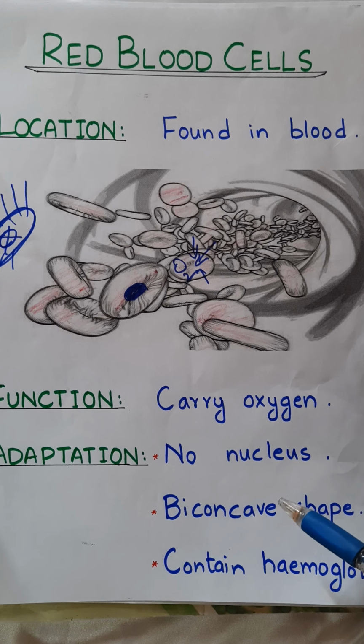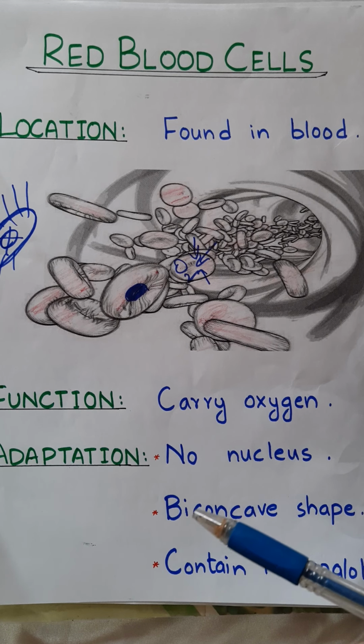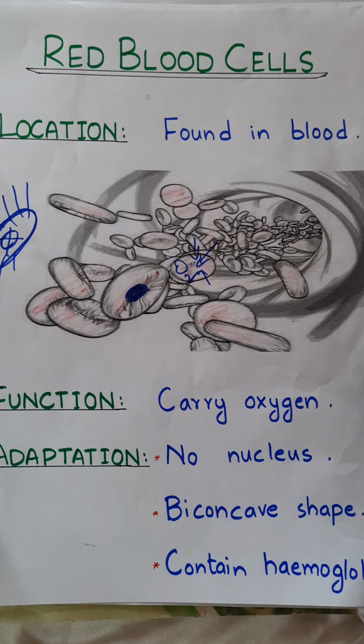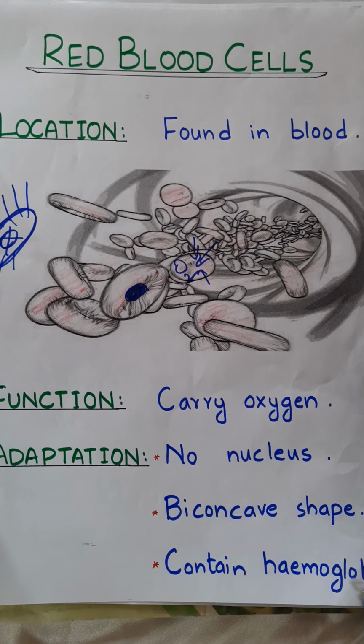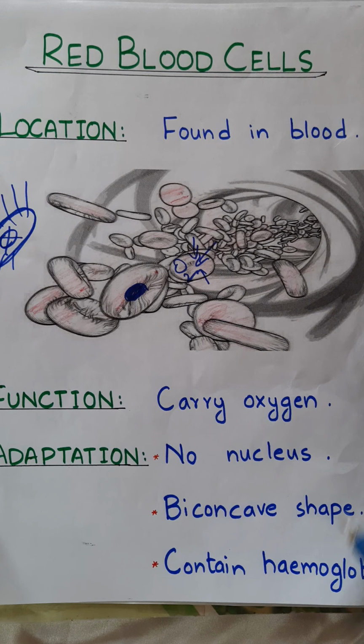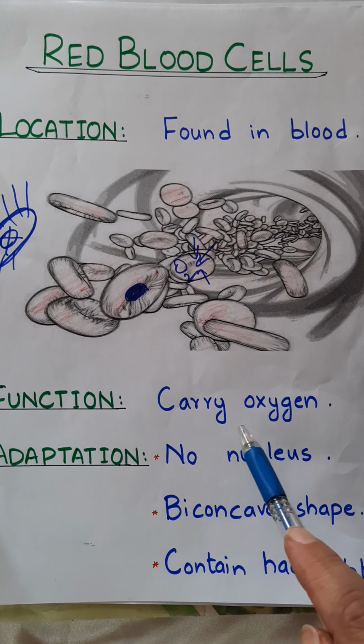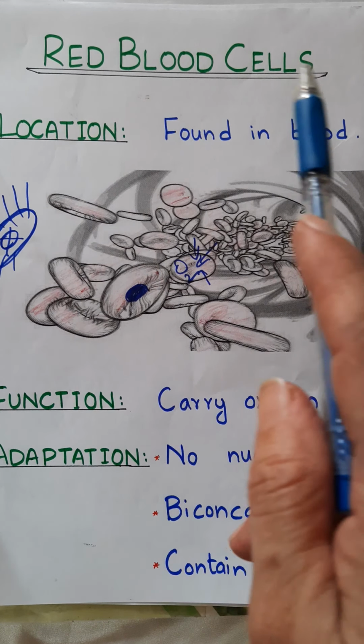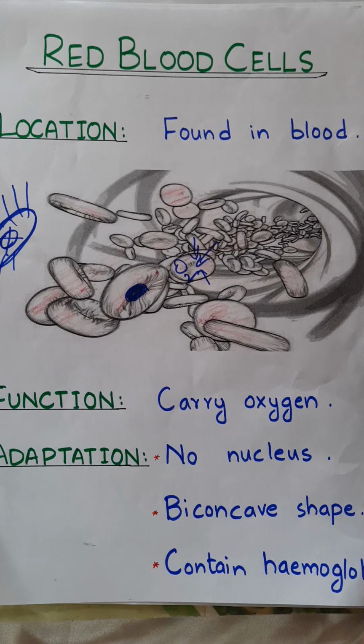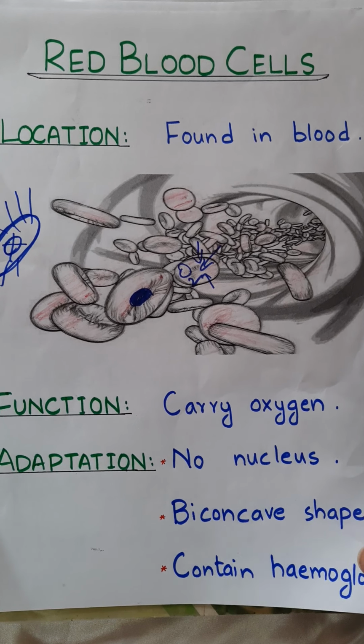So it is also providing a large surface area for the absorption of more and more oxygen. Also they have a protein called hemoglobin. Hemoglobin not only gives a red color to the blood, but also helps in the carrying of oxygen around the body. So that is why the red blood cell is considered to be a specialist cell in animals.